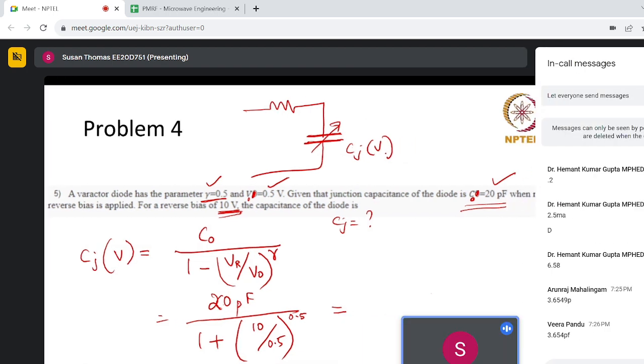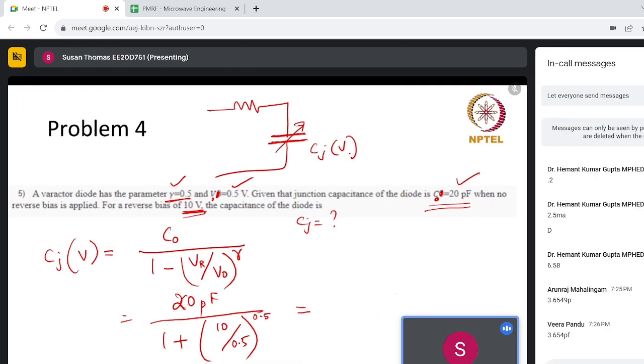Ideally everybody should be able to solve this, because we're just applying the direct formula. So yes, your right answer is 3.654 picofarad.